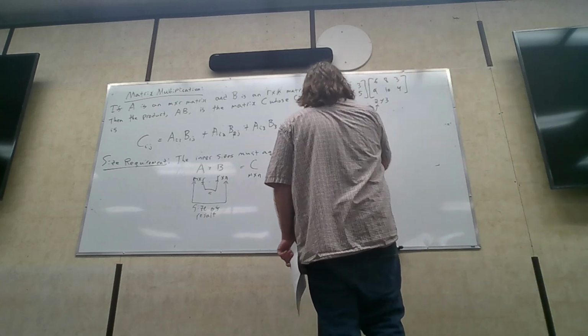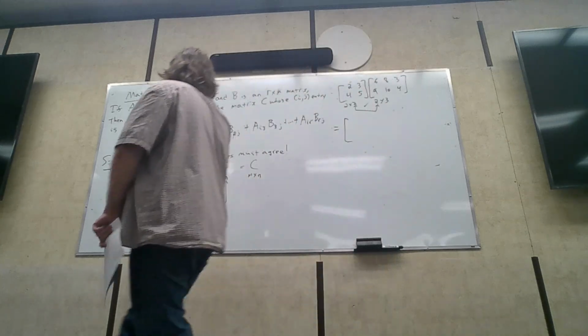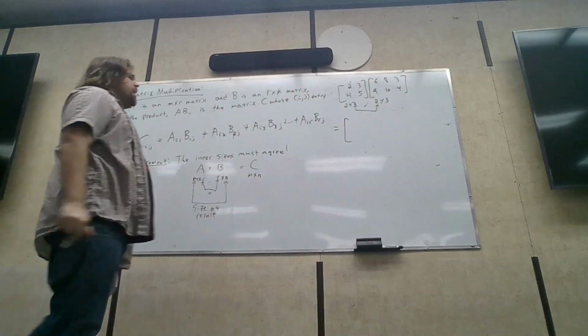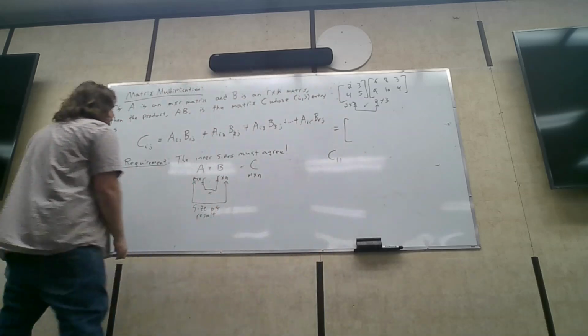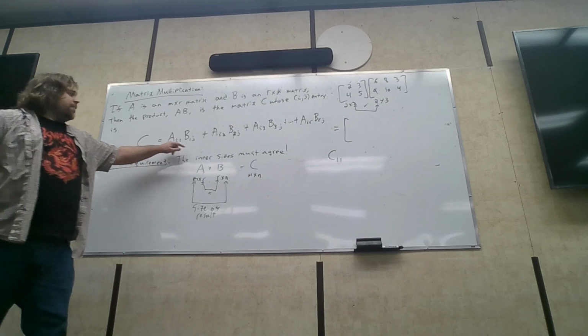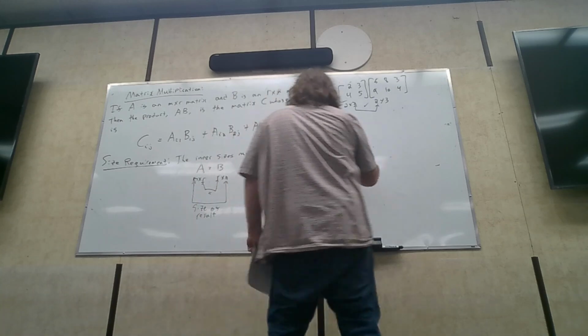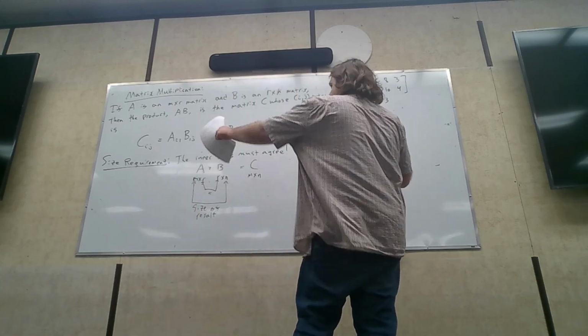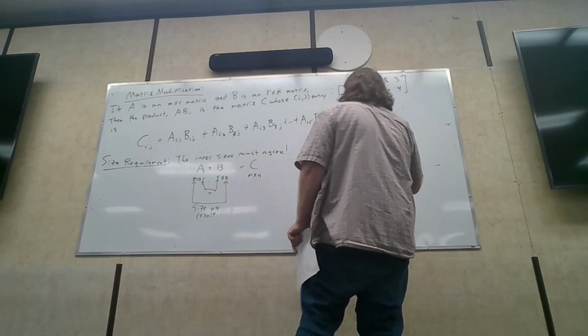All right, so let's take a look at what this formula is actually saying. Let's say we wanted the top left entry. That's C11. So that says every I we have here becomes a 1, and every J becomes a 1. So this would be A11 times B11, and these are numbers, right?